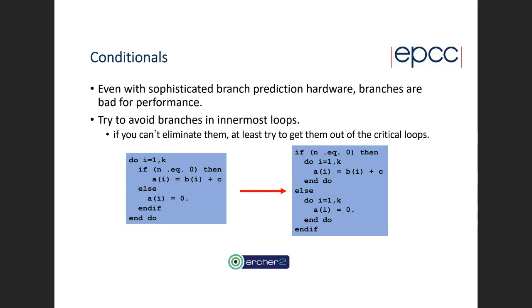For example, something like this you'd maybe hope the compiler does for you, because in the code on the left, the test if n equals 0 is independent of the loop. It's the same test for every loop iteration, so you might hope that the compiler spots that and moves the test outside the loop.